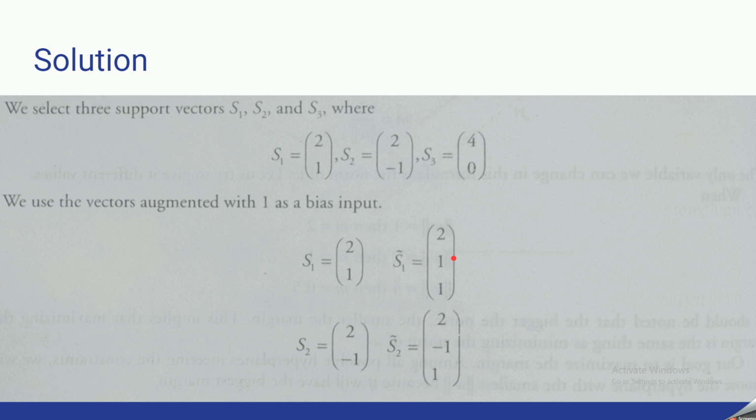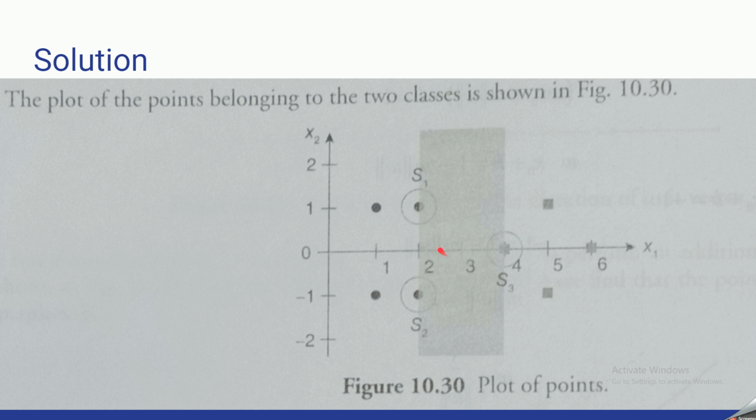So the next step is, we will be considering the data points which are very close to this particular region. We consider support vectors S1, S2 belonging to a particular class, say class 1, and S3 belonging to class 2.